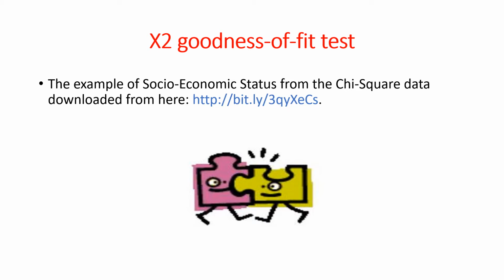So if we have low, mid, and high, and we have 30 participants in our sample, we want to see whether we have 10 low socioeconomic status, 10 with medium socioeconomic status, and 10 with high socioeconomic status. It's a very simple test, and we'll see how we can do it in jamovi as well.